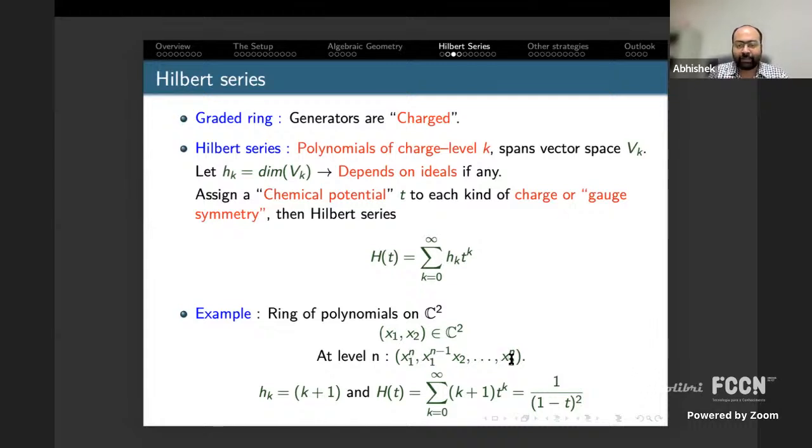These are the independent things that come in this vector space V_n. So the dimension will be n plus 1. So H(t) will be this summation, which gives you 1 divided by (1 minus t) squared. This square in the 1 minus t squared is basically telling you that this is a two-dimensional space to begin with.